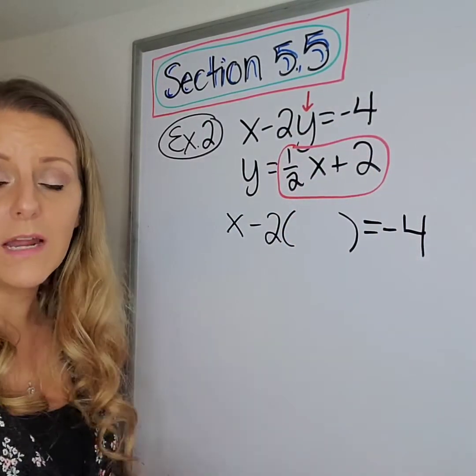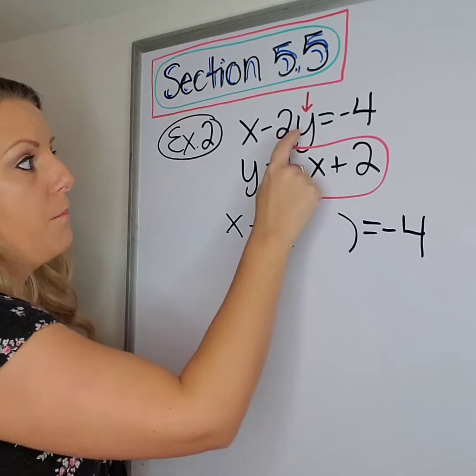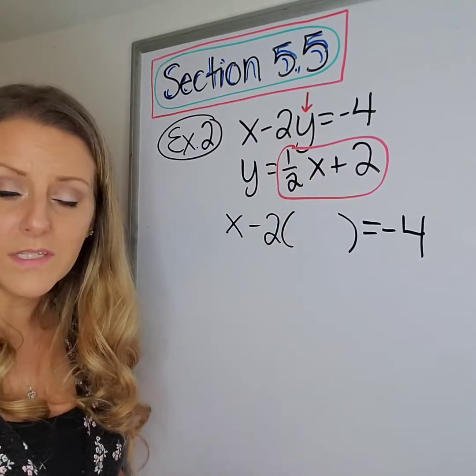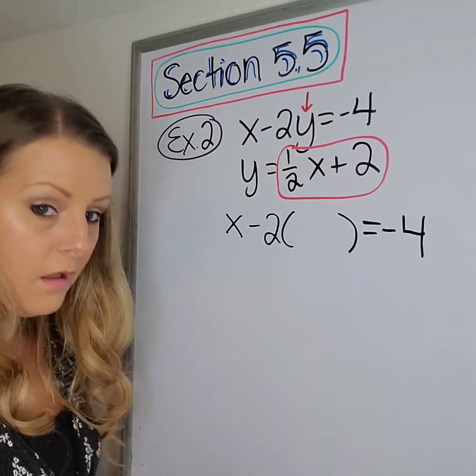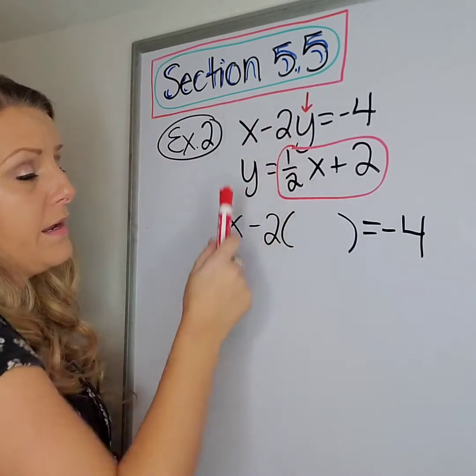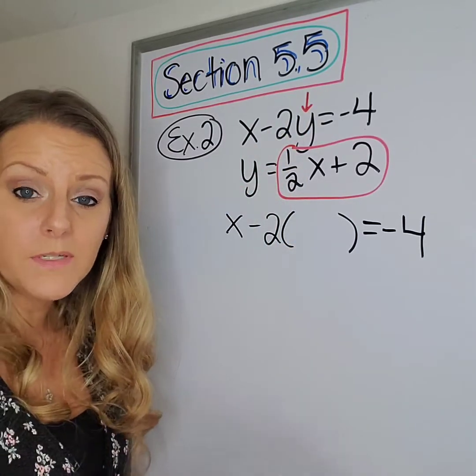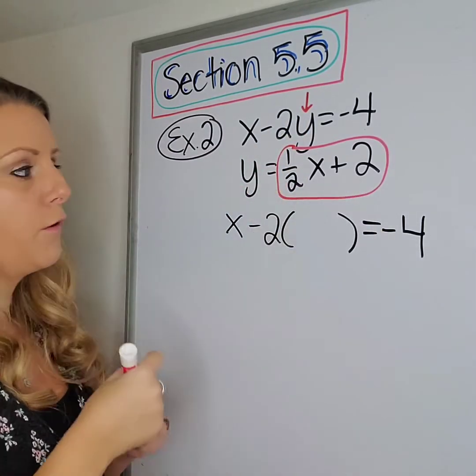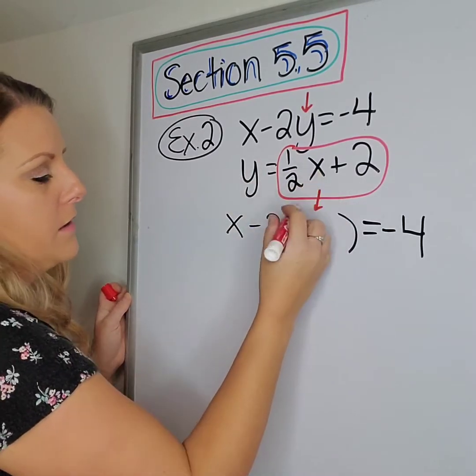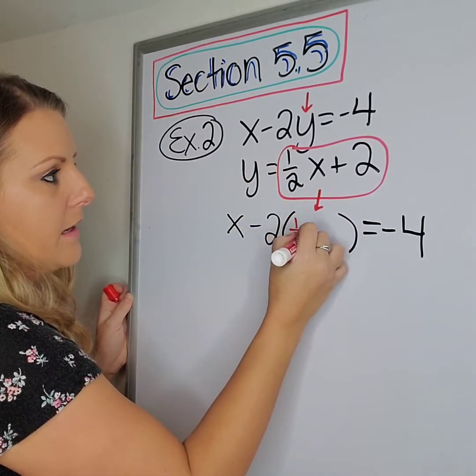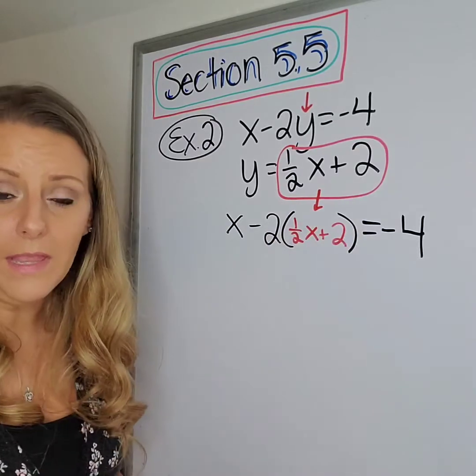All I did was I rewrote the first equation with a big blank here. Now, what's going to go in that blank? Whatever y is, because y was supposed to be there, so I'm going to substitute all this in for y because it's equal to y. So 1/2 x plus 2 goes in that blank.